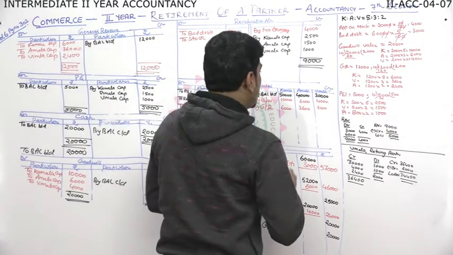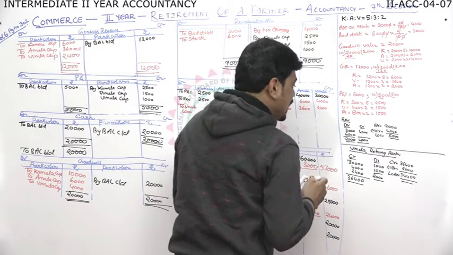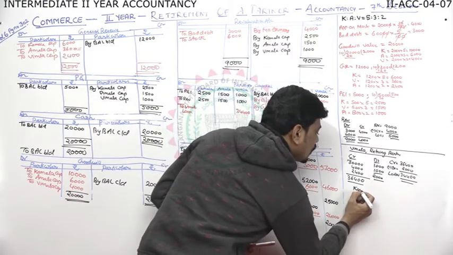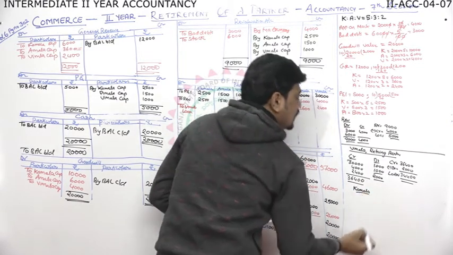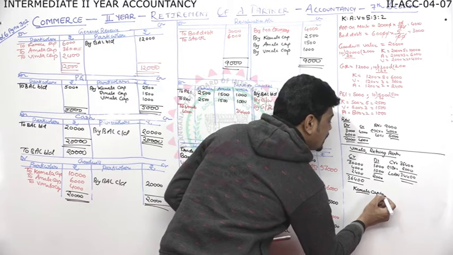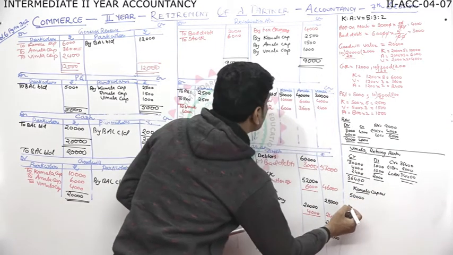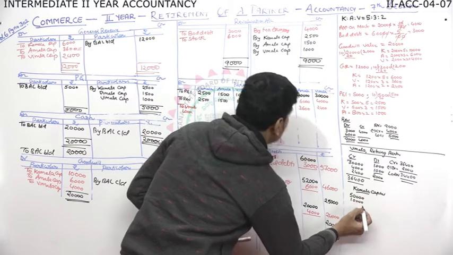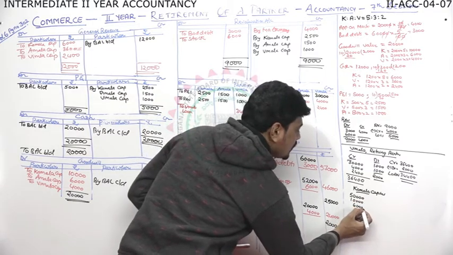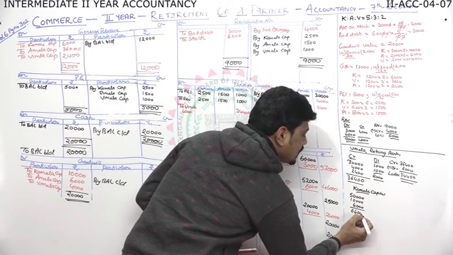Who are the remaining one now? Kamala and Amala. So Kamala, capital. We'll see Kamala's capital. Credit 50,000, then 10,000, 6,000, 66,000.